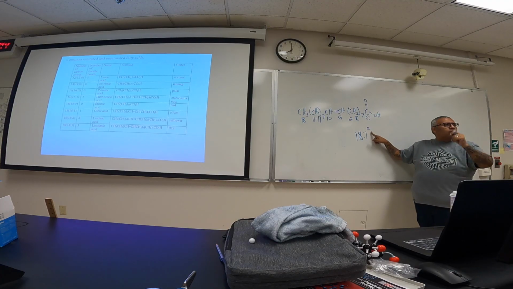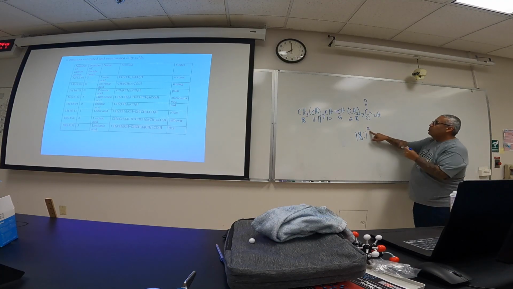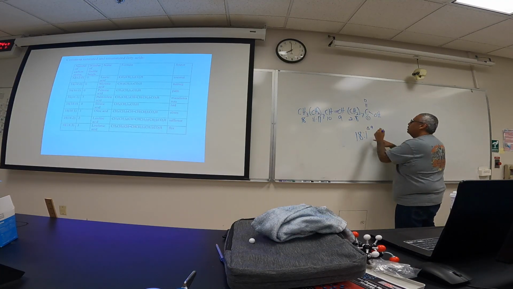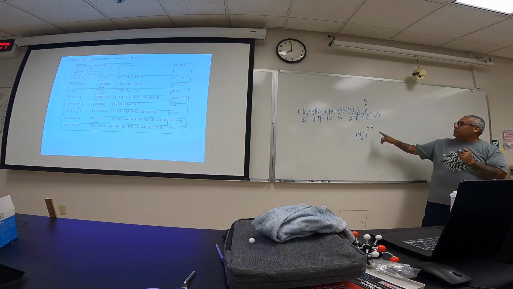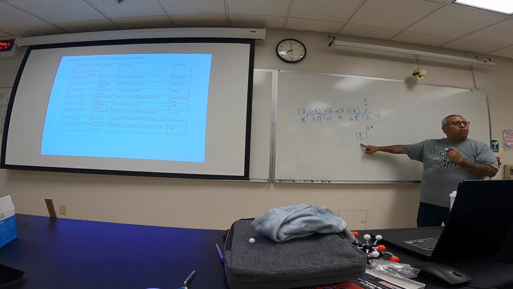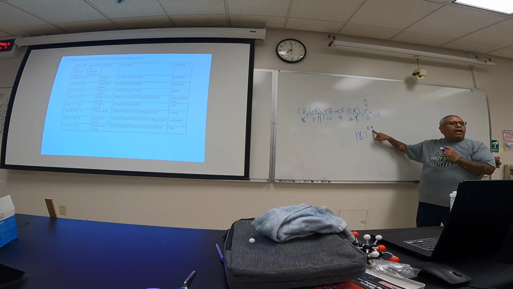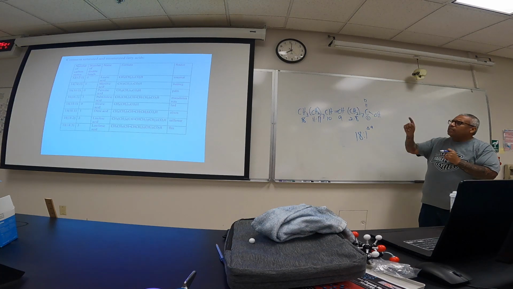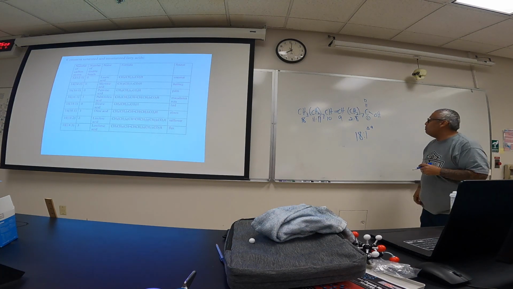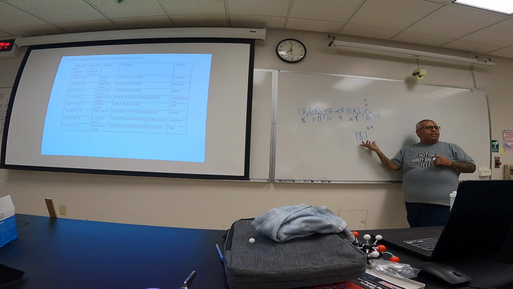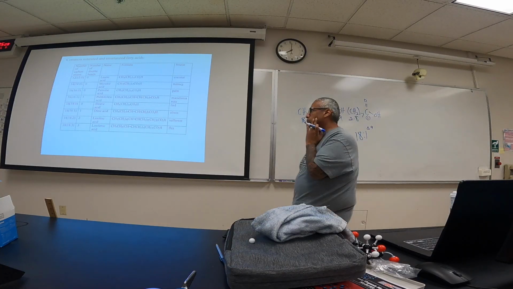So we put Δ9, which means 18 carbons long, there's 1 double bond, and that double bond occurs at carbon number 9. I think that's a small piece of information that might be missing, but it might come across on the exam. Hint, hint.